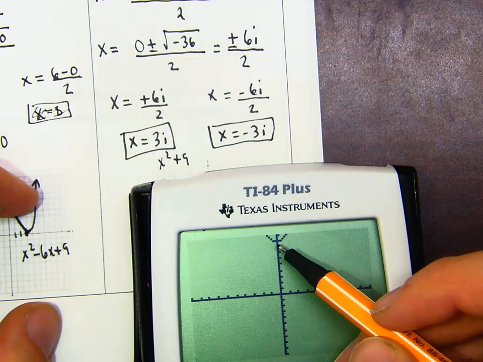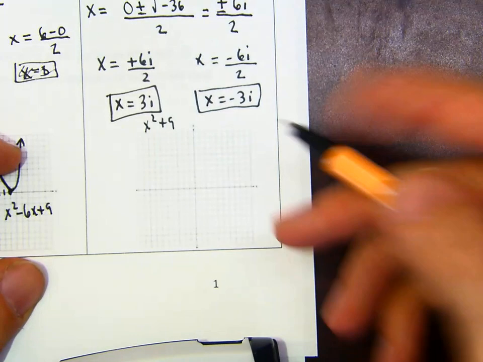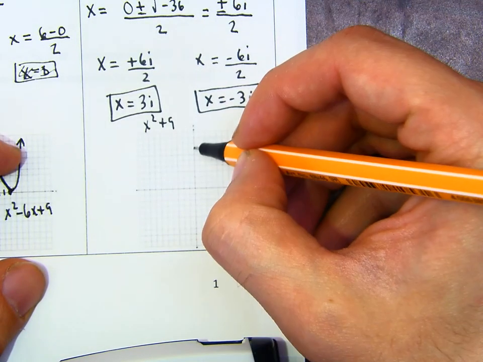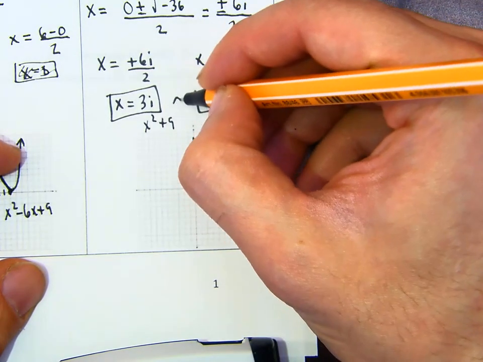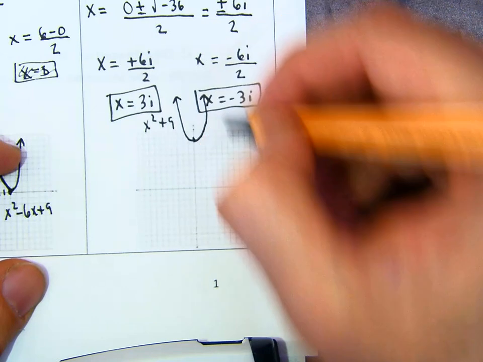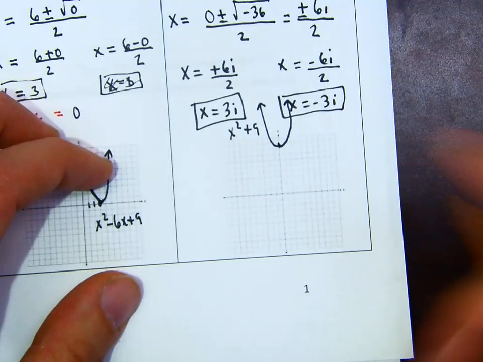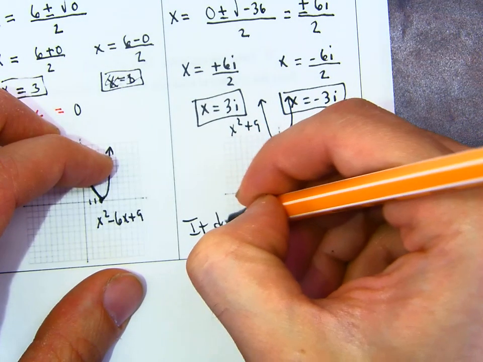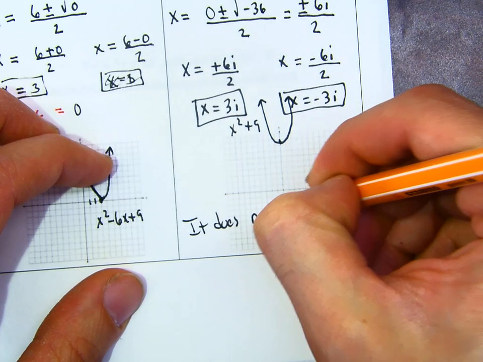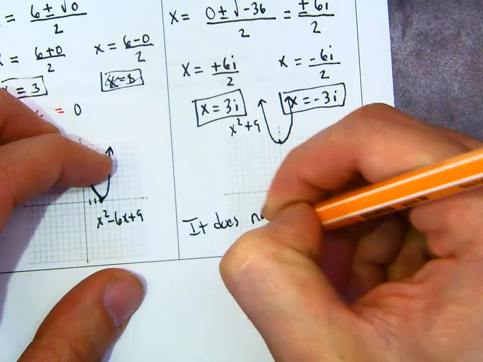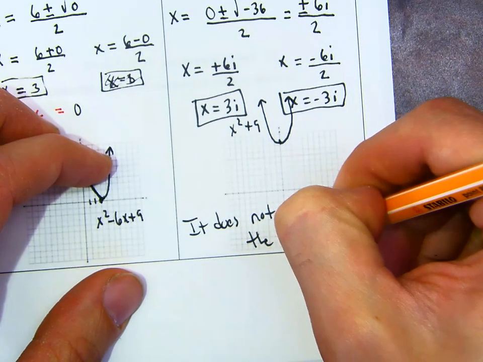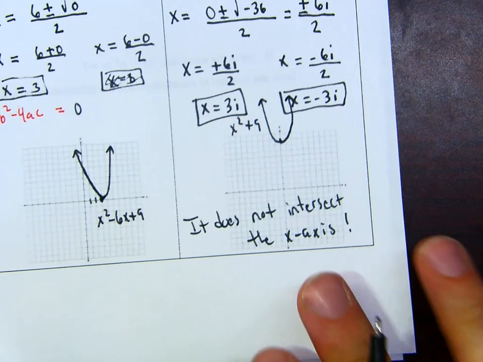Notice it just looks like this: you go from the center up to 9, and the graph looks like this. So notice it does not intersect the x-axis, and that's really the big deal.